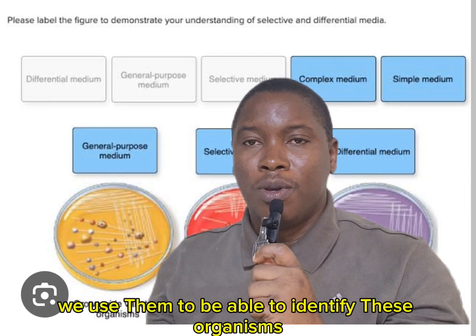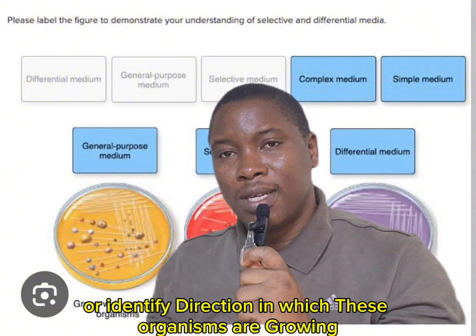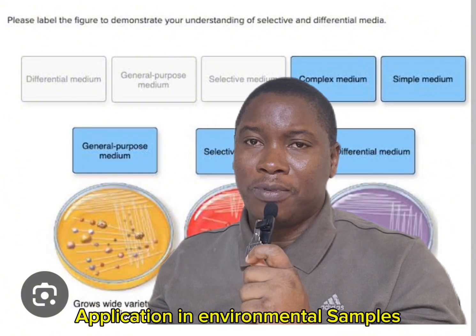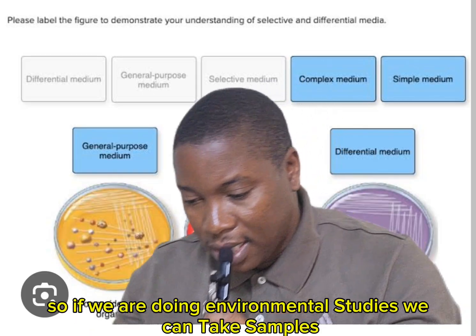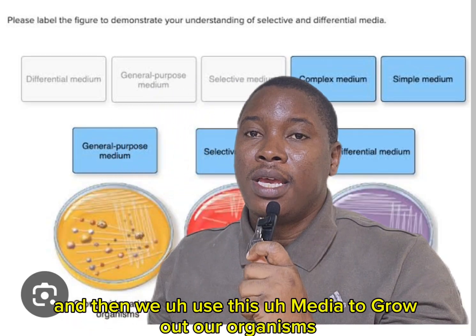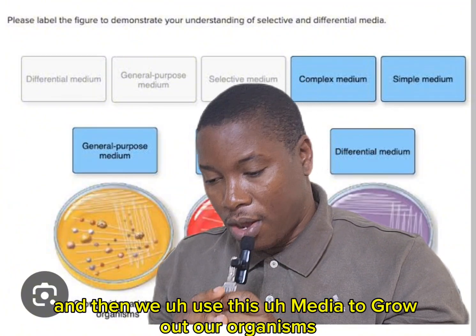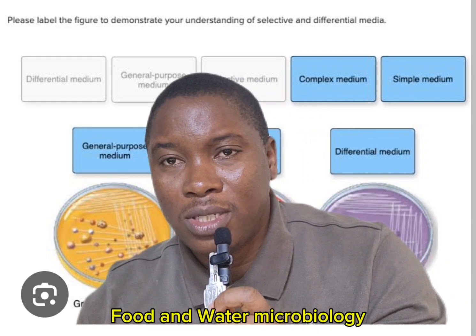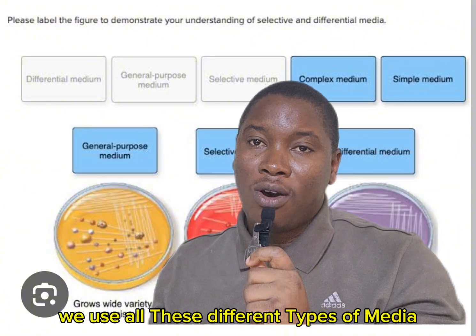We use them to be able to identify these organisms or identify the direction in which these organisms are growing. You also have application in environmental samples. If we are doing environmental research, if we are doing environmental studies, we can take samples and then we use this media to grow out our organisms. We also have an industrial application, food and water microbiology, all these aspects of microbiology. We use all these different types of media.